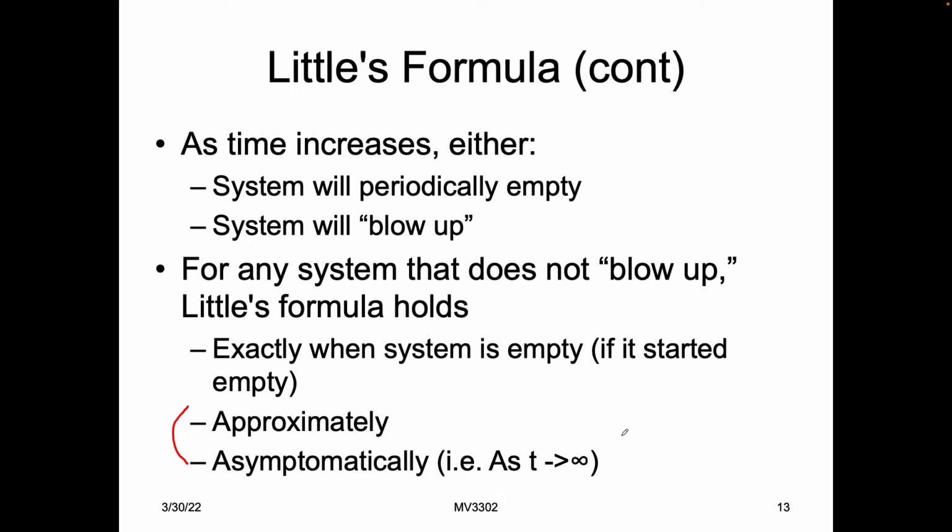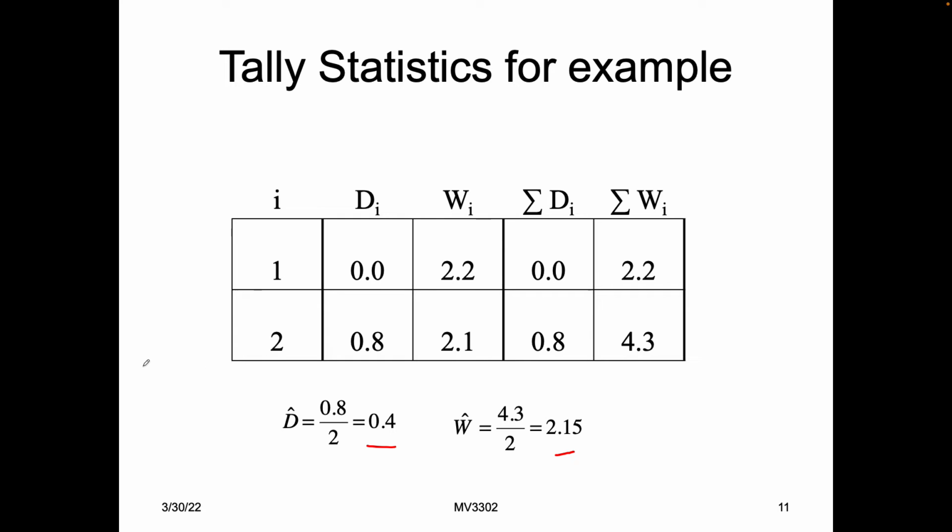So how does that help us here? Well, in this particular case, you notice what we had to do in order to get these measures, which we are definitely interested in, the average time in the system and the average time in the queue.